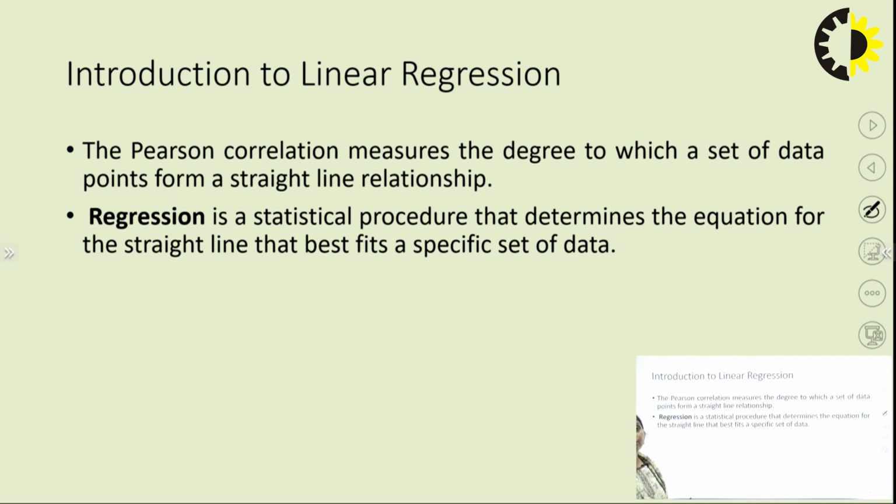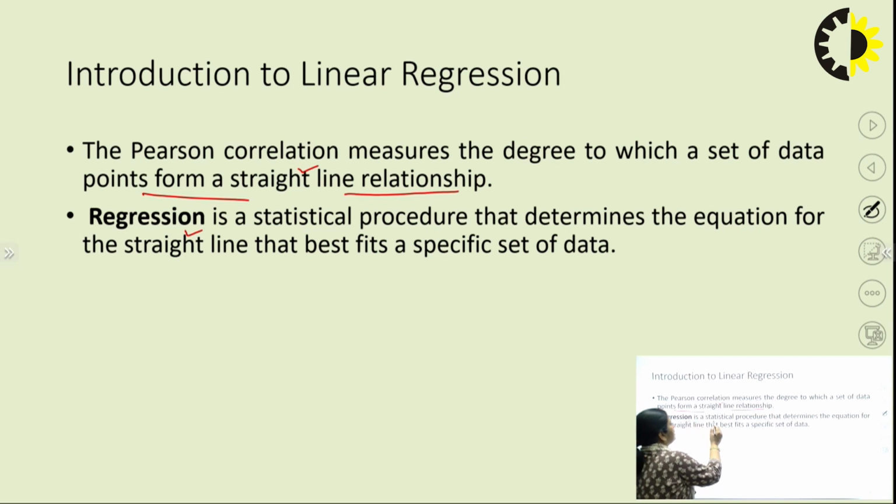The Pearson correlation coefficient measures the degree to which a set of data points form a straight line relationship. What is the degree of relationship of a set of points? That is measured with the help of Pearson correlation.